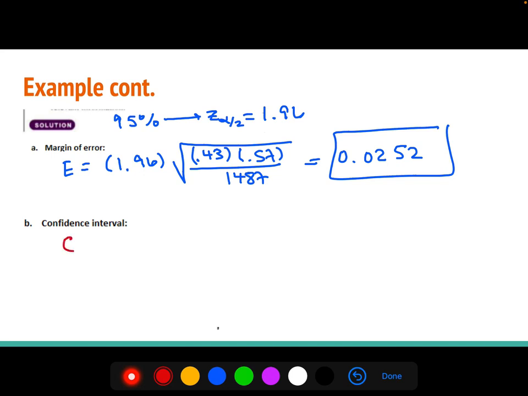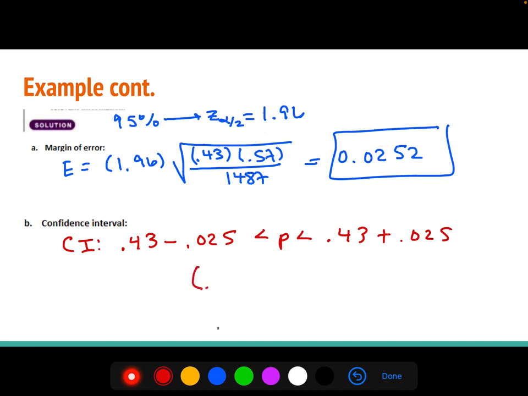Confidence interval, and you can write it any of the three ways. I'm going to write it as P hat minus the error less than P less than P hat plus the error.